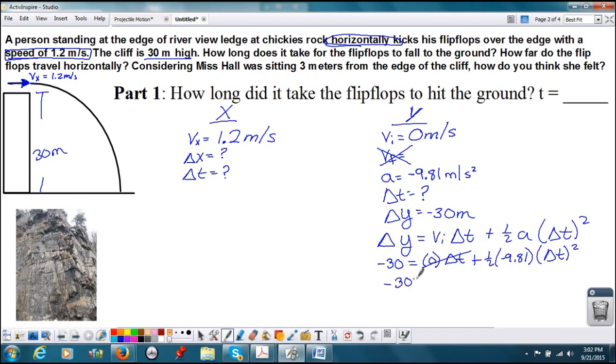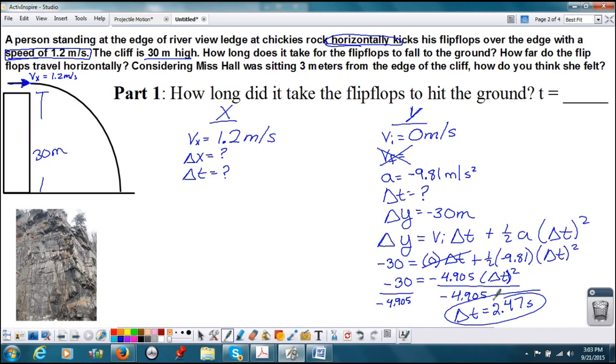So now I've got negative 30 equals negative 4.905. I just multiplied 1/2 times negative 9.81 times delta t squared. Divide both sides by negative 4.905, and we will find that the change in time was 2.47 seconds.